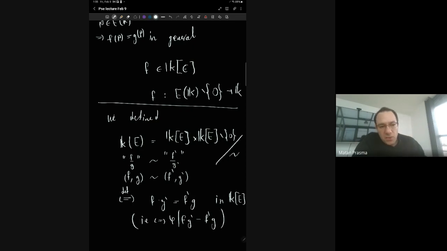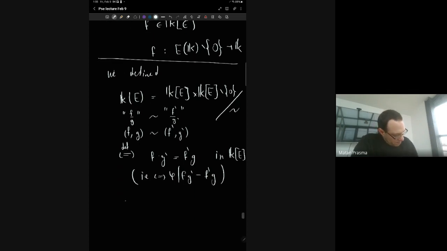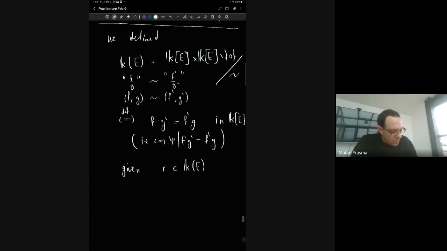And the rational functions on E, we said that it's not exactly a function. Given some rational function, we don't have an actual function from the affine plane to the ground field.